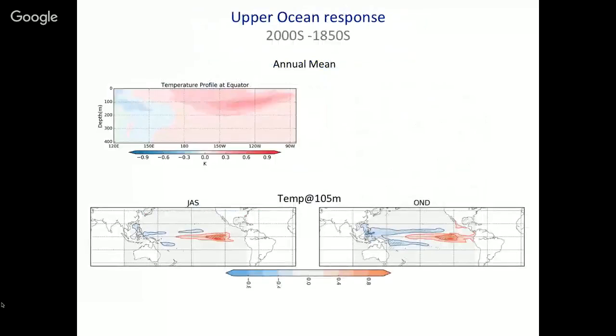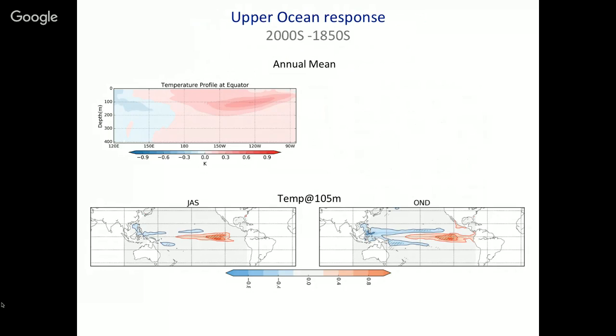Okay, so let's look at the upper ocean. What I'm showing here is a temperature profile, which is a response again. All the figures are the response. The temperature profile along the equator. This is the West Pacific, this is the East Pacific, and as we see there is some warming, with a warming maximum around this depth.